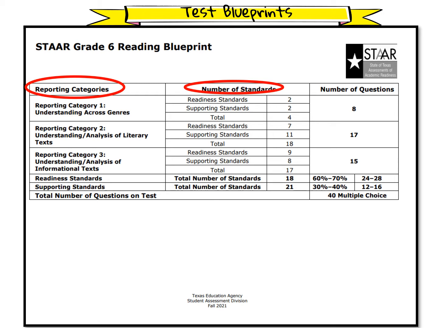You can see here for yourselves in reporting category 1, the 6th grade, 7th, they are very much alike across the grade levels in terms of which standards. Some of you may not be very familiar with exactly what is a readiness and what is a supporting, and then some of us may need a refresher because it's been such a while since we've even talked about that because it was coming so naturally to us.